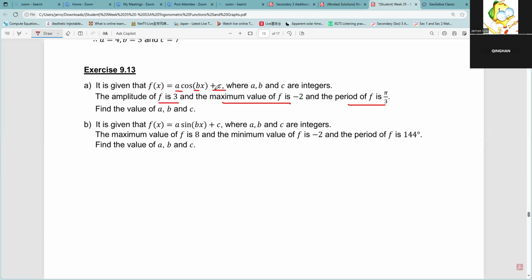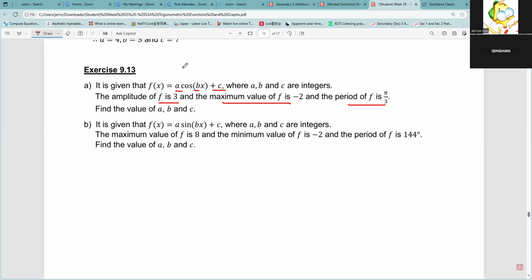The first half of the second part, that means I don't give you a graph, but I give you the parameters and ask you to find the function. Now, remember what you did just now was I give you the function, I ask you to find the parameter and then to sketch, right? Now I give you the parameter, I ask you to find me the functions.